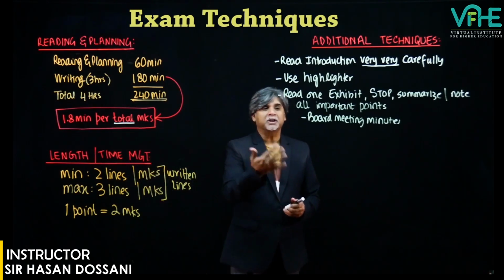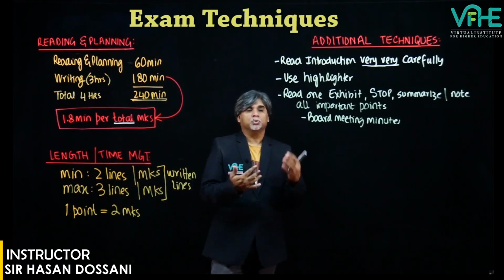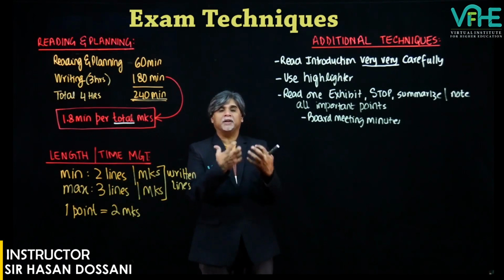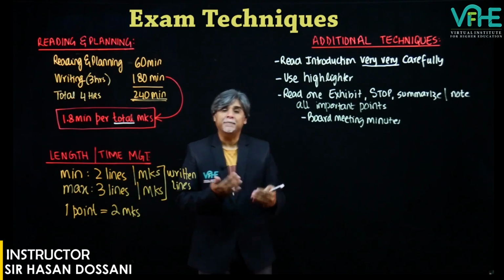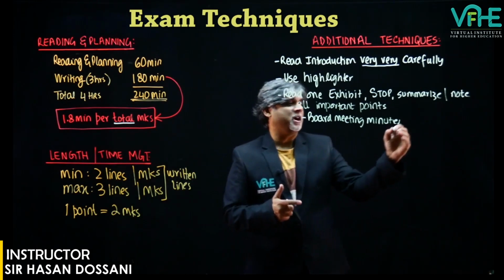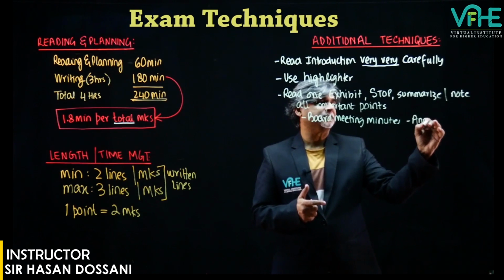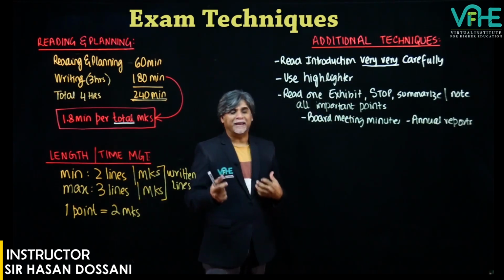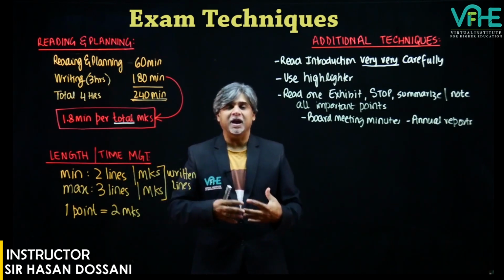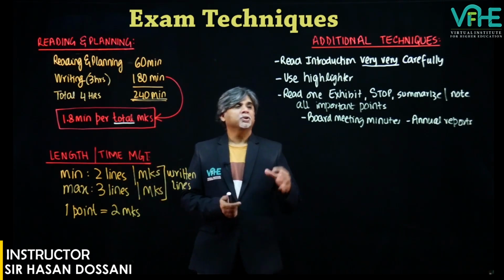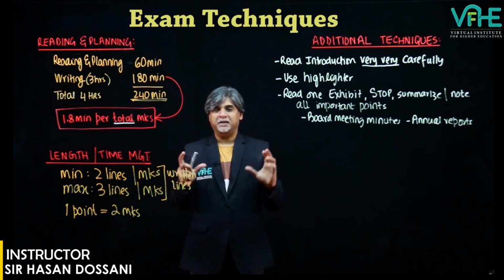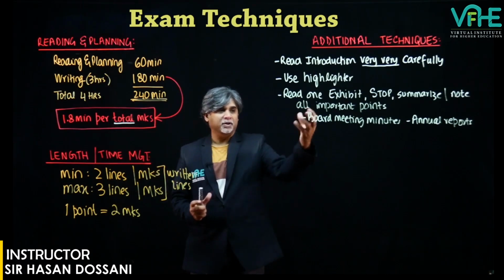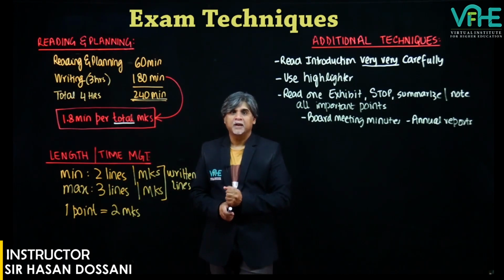So wherever you see board meeting minutes, you should stop and make a summary of the key points which will help you in your answer. Also, there are annual reports. These are normally the two exhibits which contain a large variety of information. So it's worth stopping and making a small summary of the key information or the key messages for these particular exhibits.